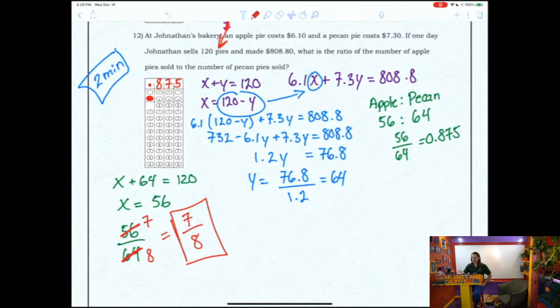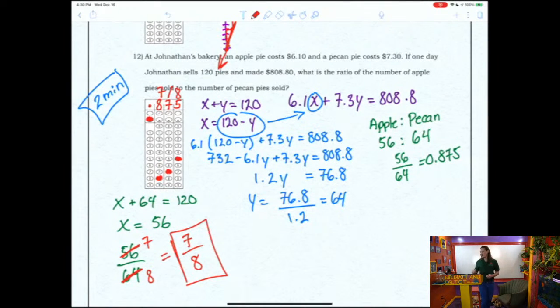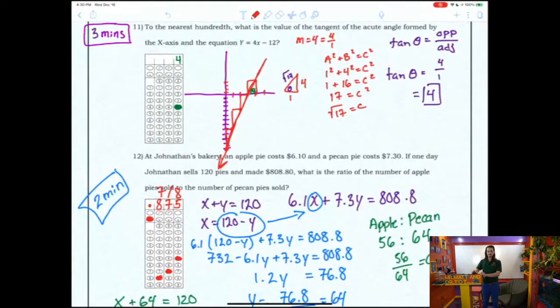So that's one acceptable answer, and then the other acceptable value would just be the fraction. You could say 7 fraction bar 8 to represent 7/8. So the answer to number 12 was either 7/8 or 0.875, and the answer to number 11 was 4.